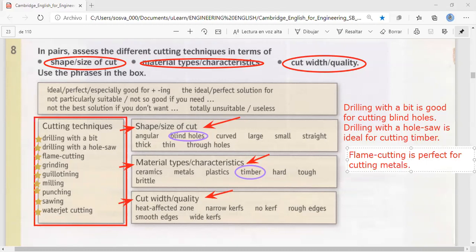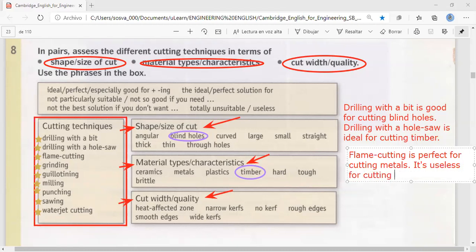You need to try to use vocabulary to describe the materials. And for example, it's useless. Do you remember the word useless? For cutting what?